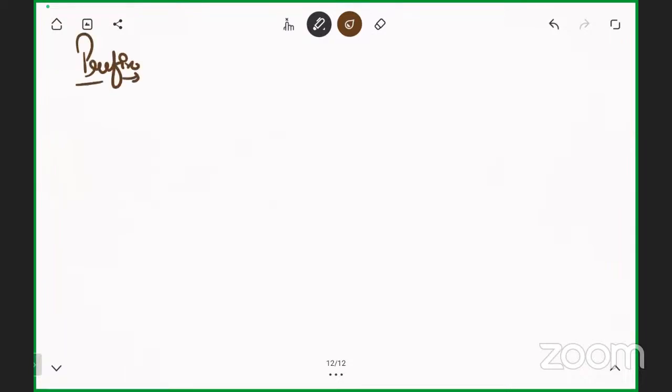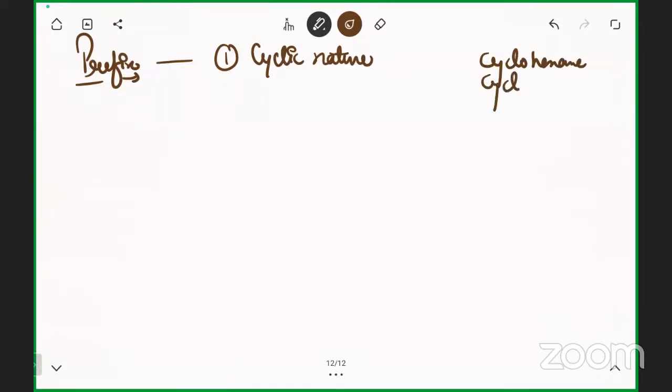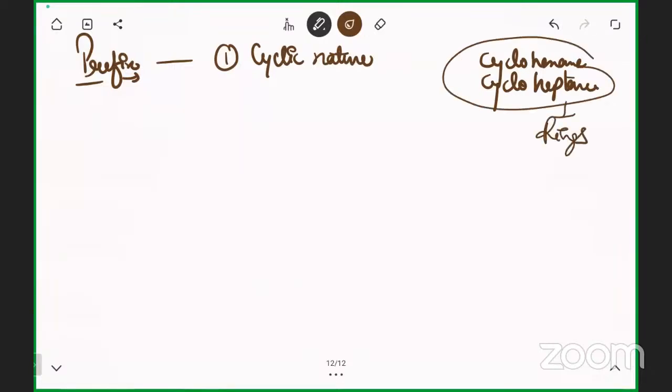What is prefix? First thing, prefix tells about the cyclic nature. If the compound is cyclic or forming any kind of ring, then we generally use cyclo in the starting. So if I'm writing cyclohexane or cycloheptane, it means these have a ring.